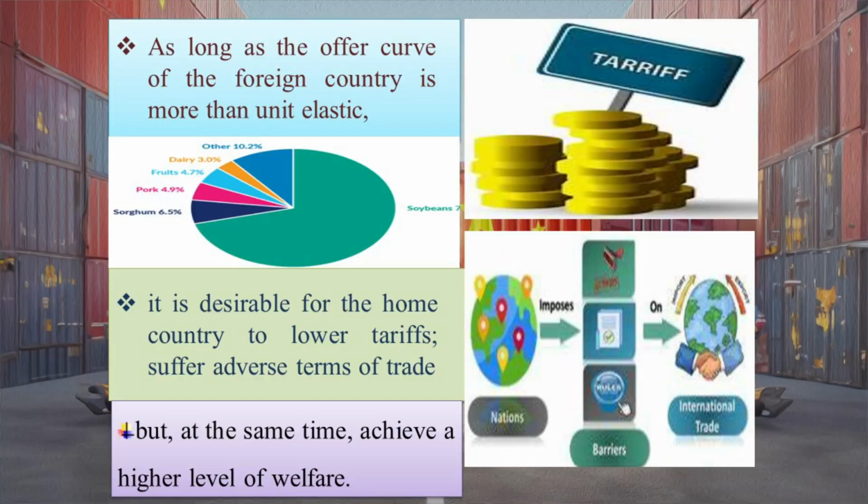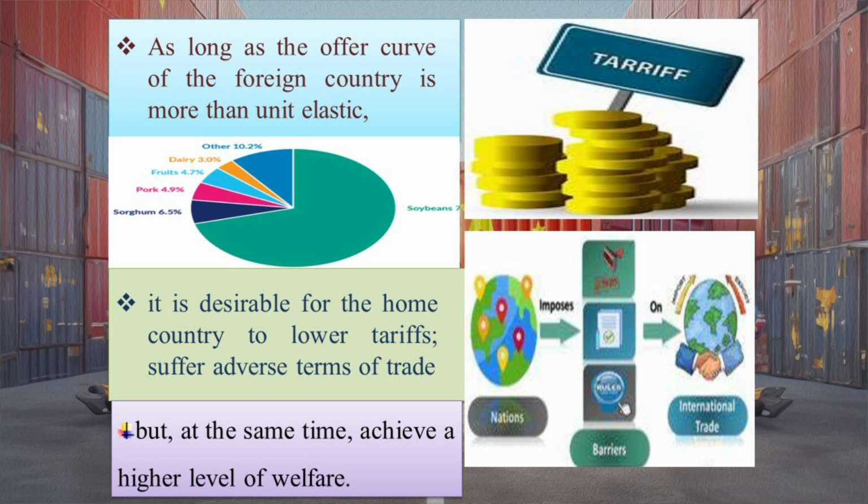So in this case, what will happen? The volume of trade will decline, and when the volume of trade declines, the welfare of that country will also decline. So finally, the takeaway: as long as the offer curve of the foreign country is more than unit elastic, it is desirable for the home country, that is our country A, to lower the tariff.